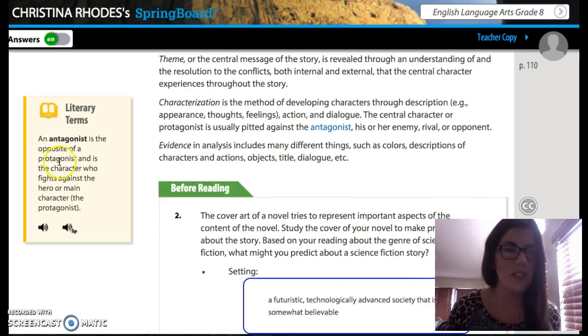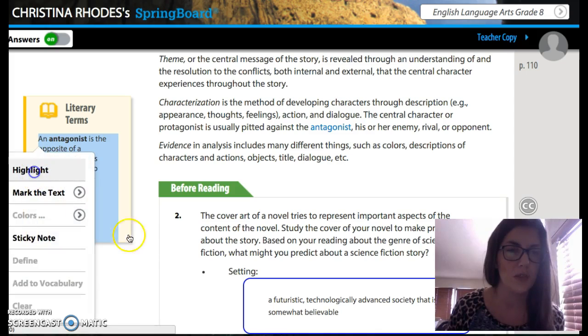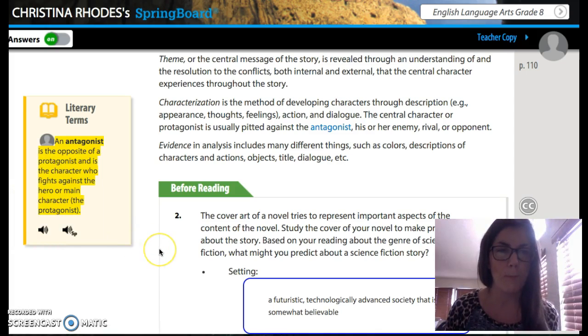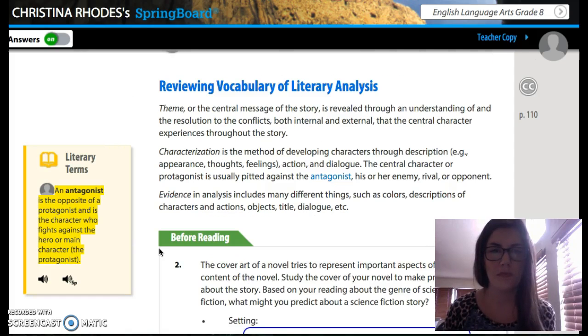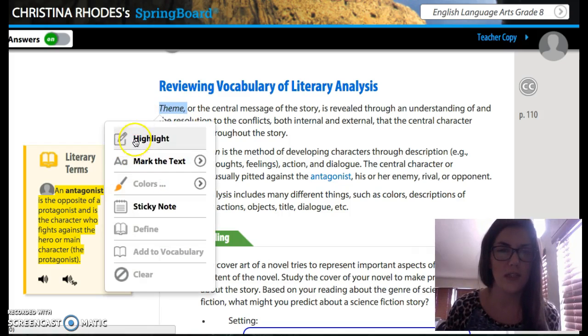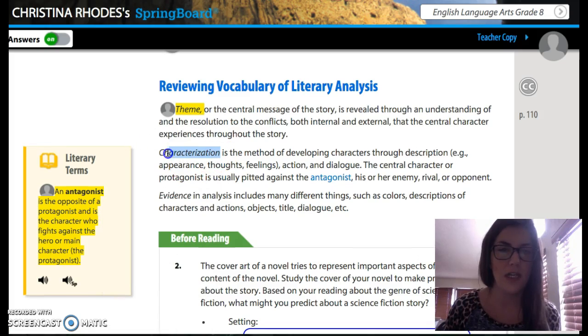Okay, you also need to know what an antagonist is. Please read this definition to your shoulder partner. All right, on the test, you'll need to know theme. I'm going to highlight that. Please highlight theme in your book.